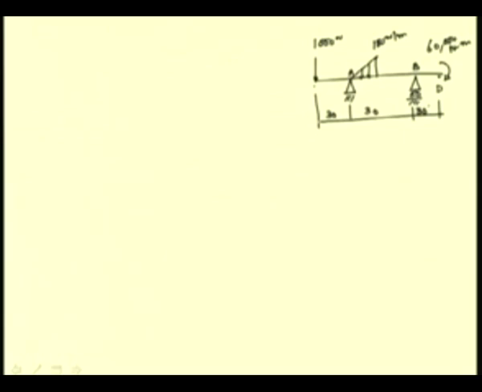So, first we determine the end reactions from the equilibrium of the complete beam. We know that we have two components of reaction, Ay and Ax at A, and at B we have a single component of reaction, that is By, and by considering the free body diagram we can determine these values.